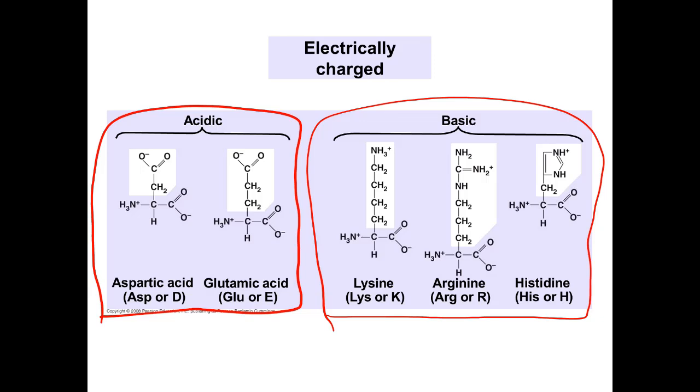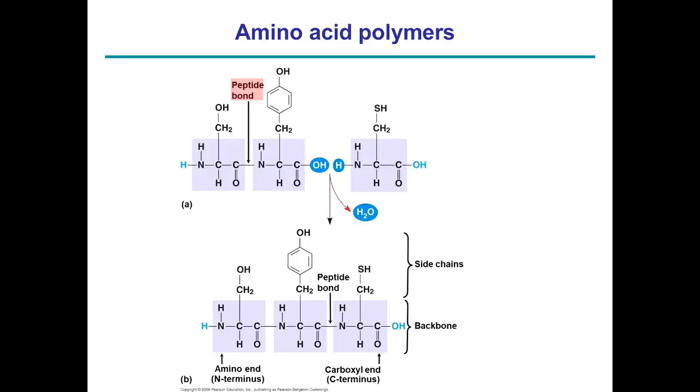Now, these amino acids, how do they give rise to polymerization? It is just like any polymers that form, where you have a dehydration reaction taking place, where the hydrogen from the N-terminus and the hydroxyl from the carboxylic acid group is taken and water is removed. In this process, it gives rise to the formation of a covalent bond, which is called the peptide bond.